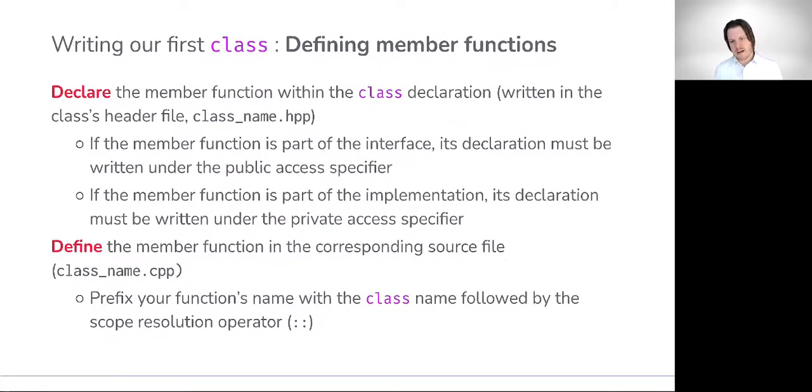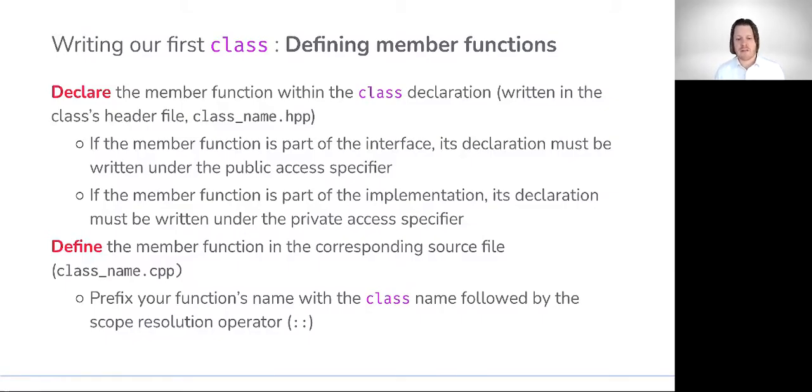So defining member functions, here's how we go about the process. We're going to declare the member function within the class declaration. If the member function is a part of the interface, its declaration must be written under the public access specifier. If the member function is part of the implementation, its declaration must be written under the private access specifier.